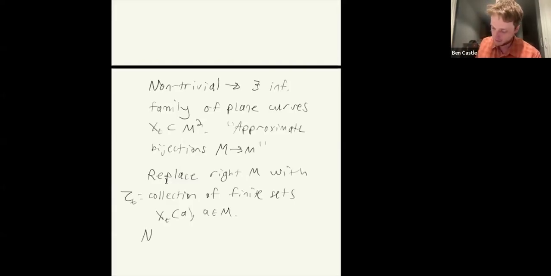So now what we have is xt has been magically turned into a function. It's a function from m to zt, and it's a finite to one function.